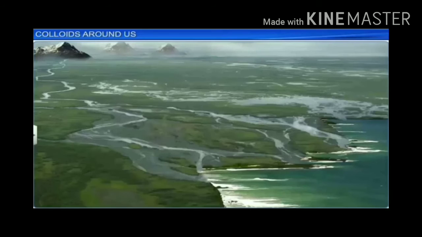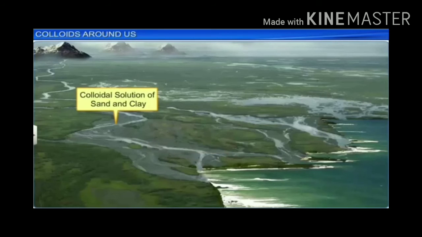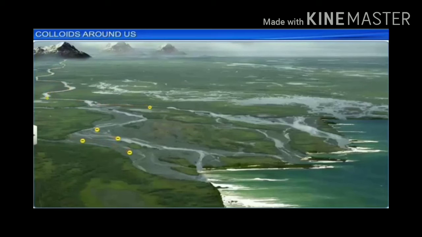Another interesting example is the formation of a delta at the mouth of a river when it meets the sea. River water is a colloidal solution of sand and clay, which carry a negative charge. Seawater contains a number of electrolytes of sodium, magnesium, and calcium.